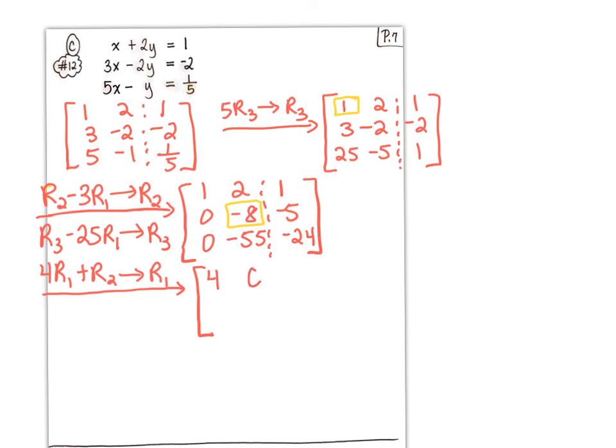Good. Then we have 4 times 1 is 4 minus 5 is negative 1. Good. Row 2, we're using row 2, so that's not going to change. It is what it is. That's a 5, negative 5.